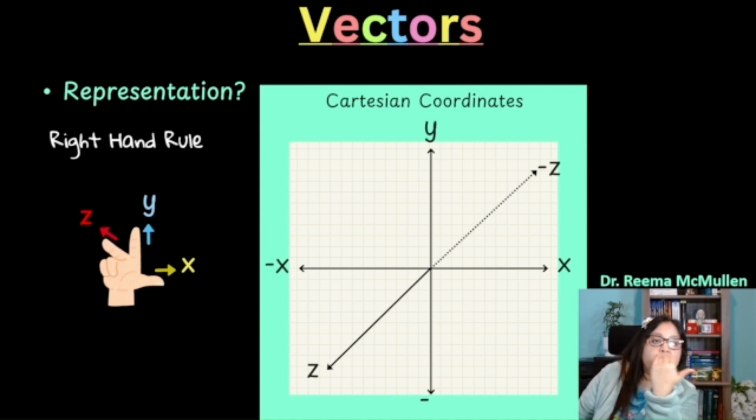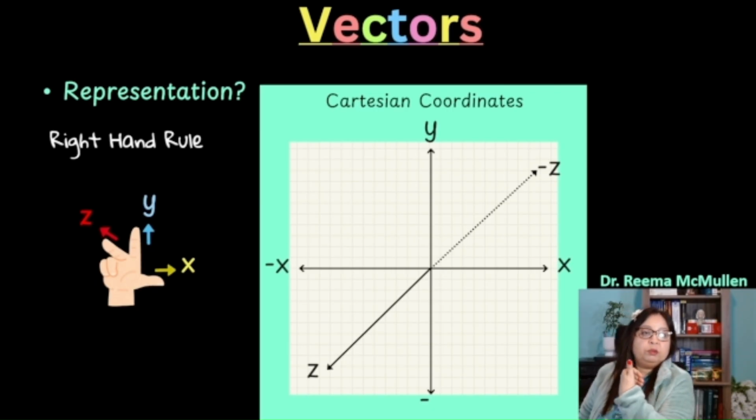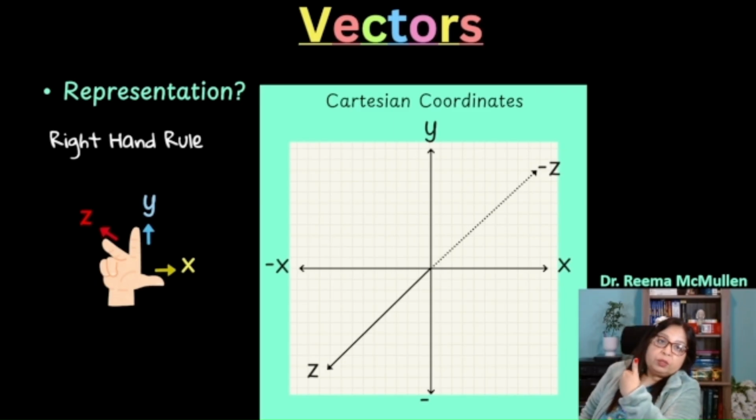Now your thumb is going to go to the right in the direction of the positive x-axis. Just the same way, point your right hand fingers coming out of the screen, in the direction of the positive z-axis, and then curl them toward the right, in the direction of the positive x-axis. Thumb goes up. That's the direction of the positive y-axis.